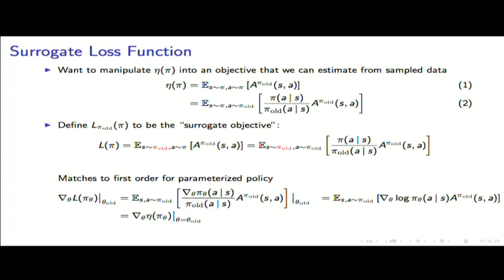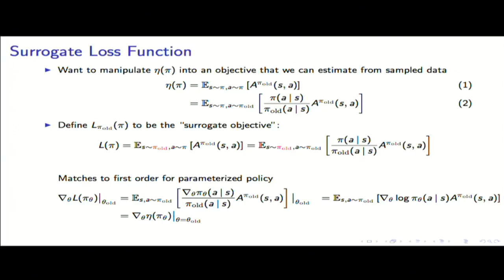So what we do here is define this objective called L, and we subscript it by pi old because it's going to depend on the old policy that we're using for sampling, but it's going to be a function of pi, the new policy. This is going to be an approximation of eta of pi, where pi is near pi old.